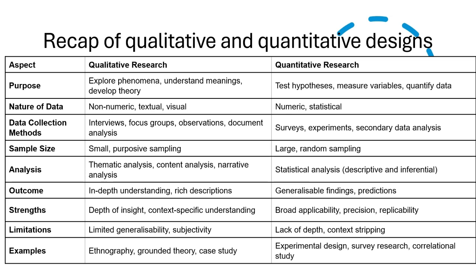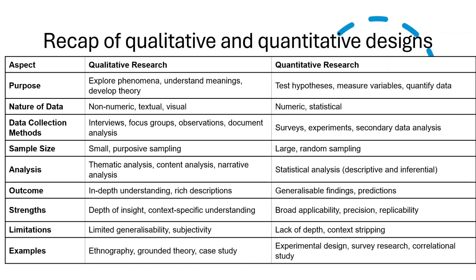In quantitative research, we want to either potentially test hypotheses, explain certain variables or measure variables, or we want to quantify data. This is very, very important to remember. So the purpose of qualitative research is to explore, and quantitative research to explain. For qualitative research, at the end of the process, we can potentially develop theory, whereas in quantitative research, we test theory. So keep that in mind.